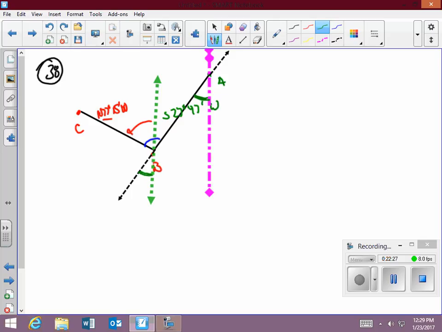Two parallel lines cut by a transversal, the corresponding angles are equal.